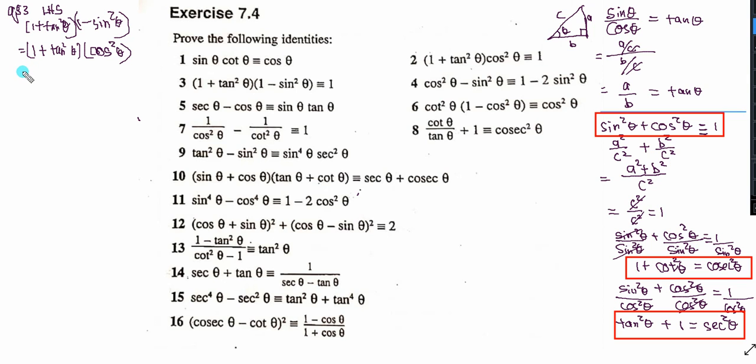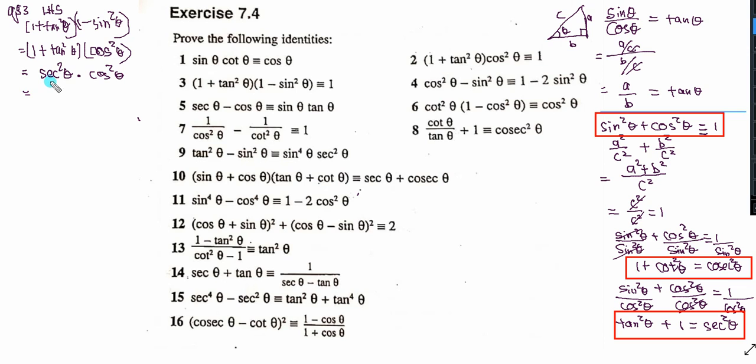Okay, now let's look at tangent. 1 plus tangent square theta is equal to secant square theta. So this whole bracket can be replaced by secant square theta times cosine square theta.